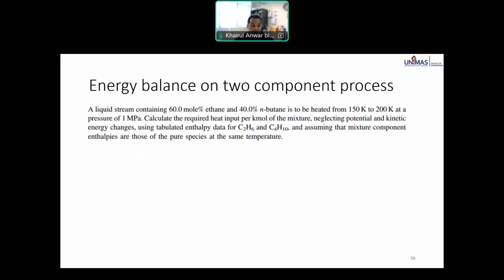Energy depends on two components. Here is an example.